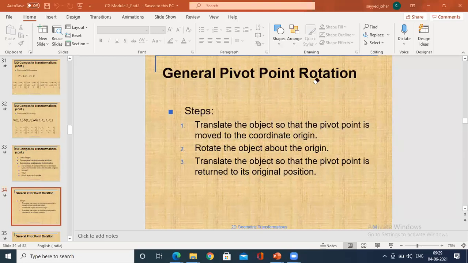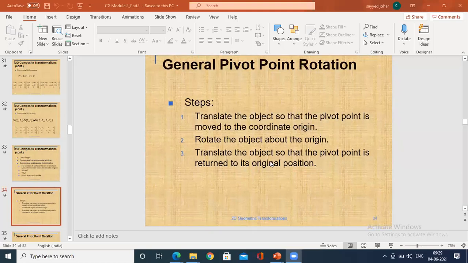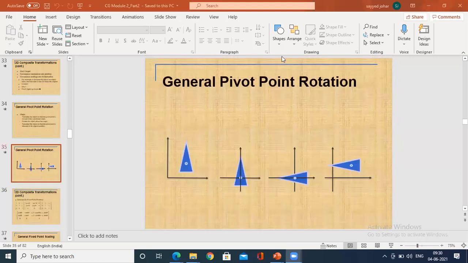Now how it is performed, just see it. General pivot point rotation. You have this original object, which is shown over here. So this is a point, this is a point.